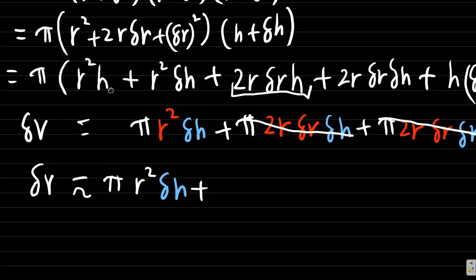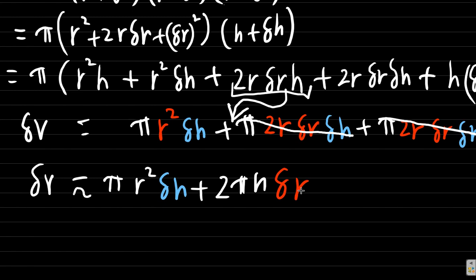So we have pi times r squared h, which we erased, then pi times r squared, changing h. Then pi times 2r h, changing r. So this should have been somewhere here. No, we would not get rid of this, so we have 2r h times small change in r. All of them that has change in h alone or change in r alone, we keep them.